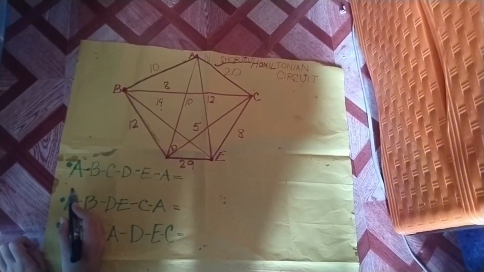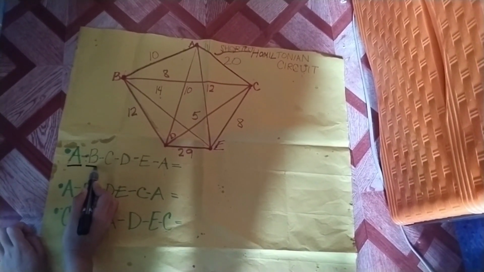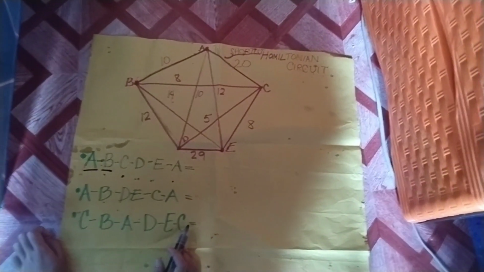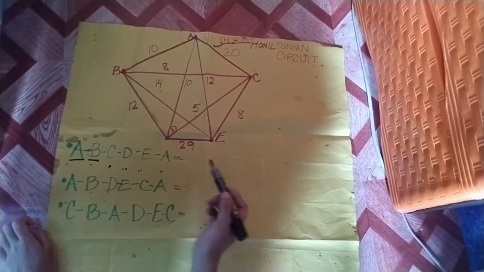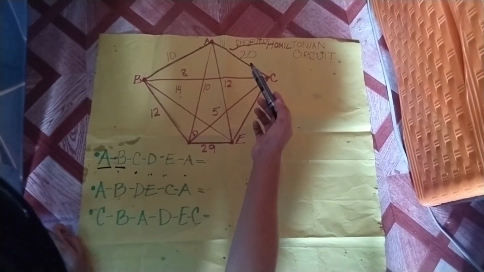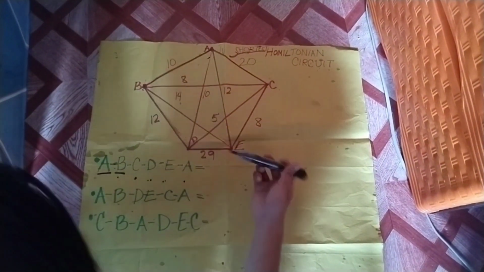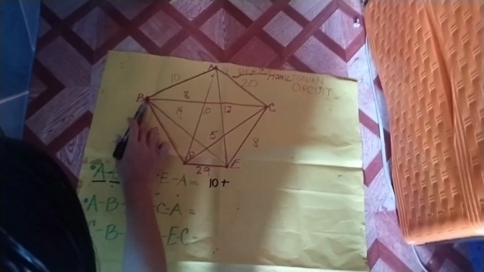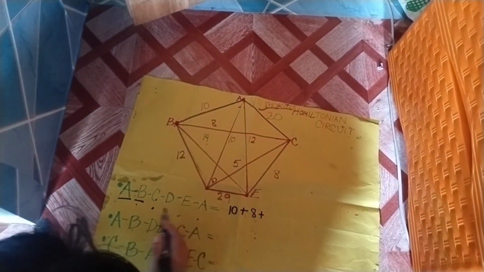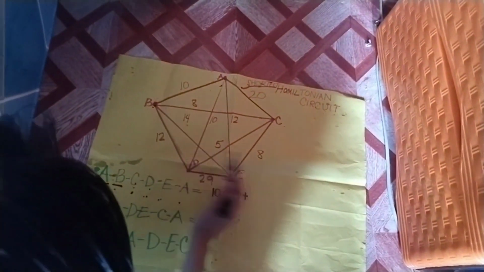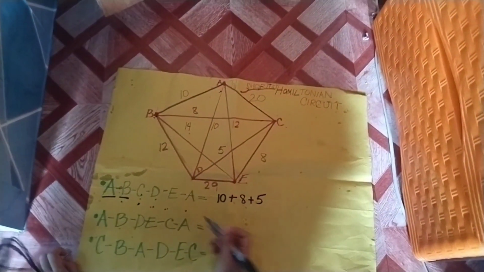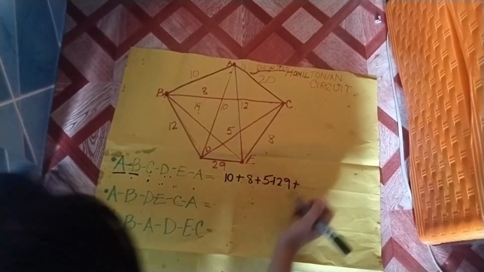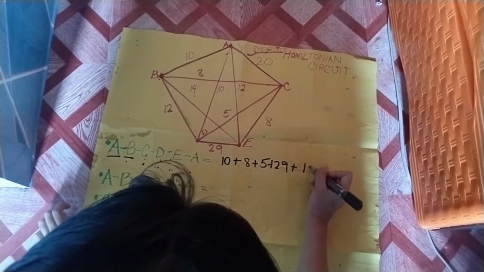For example, in this one, we have vertex A to B, B to C, C to D, D to E, and E to A. First, we will get the total: A to B is 10, plus B to C, we have 8, plus C to D is 5, and D to E, we have 29, and E to A is equal to 12.